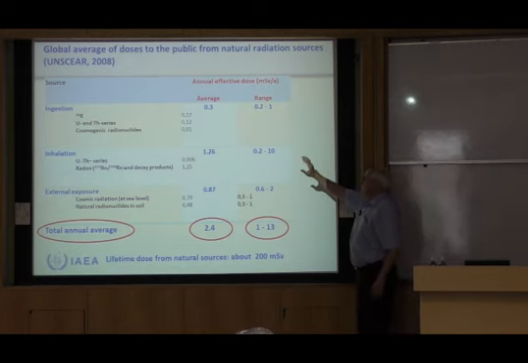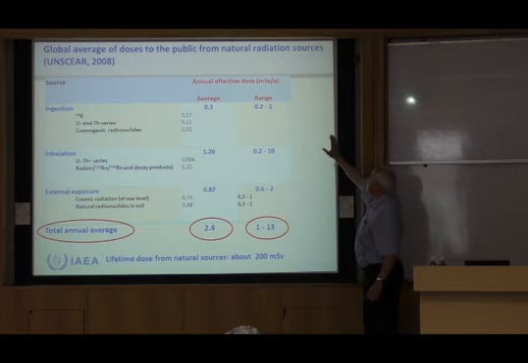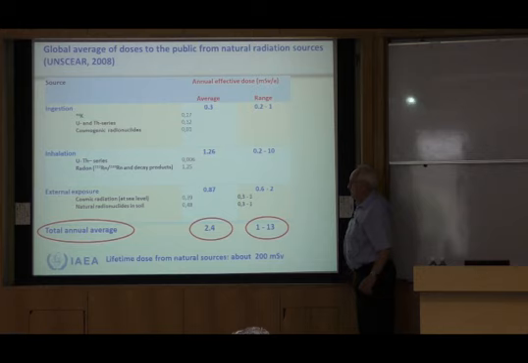One example I give here is a global average of doses to the public from natural radiation sources. This has been compiled by UNSCEAR, and this represents a kind of global average. Of course, this global average is subject to local variations.